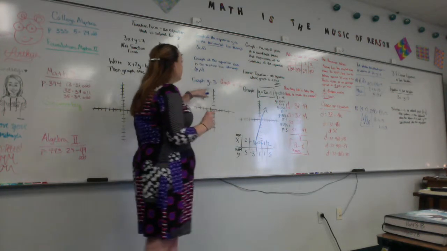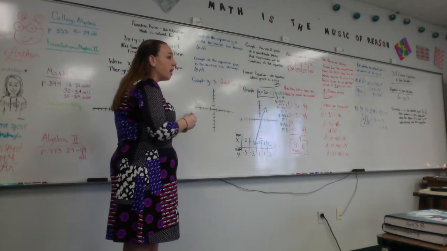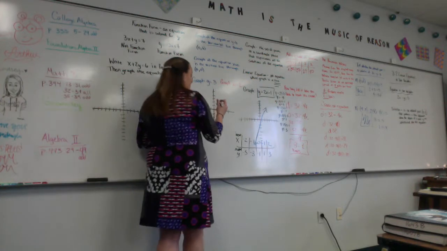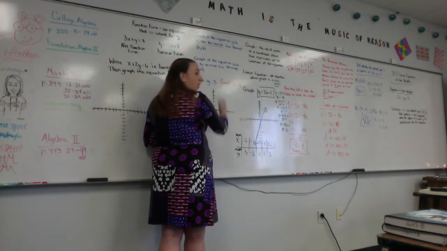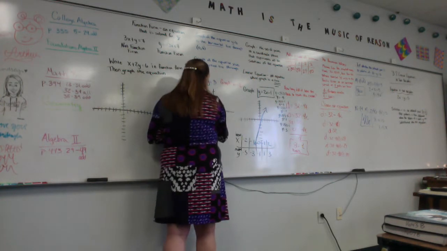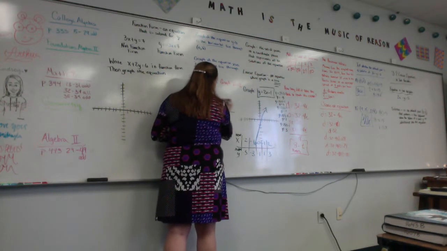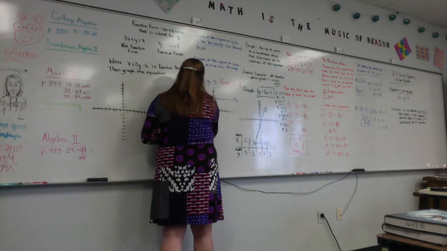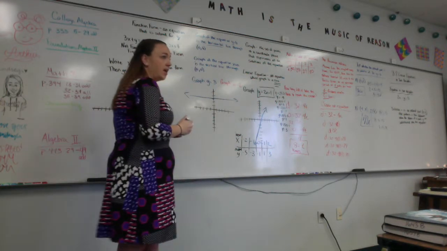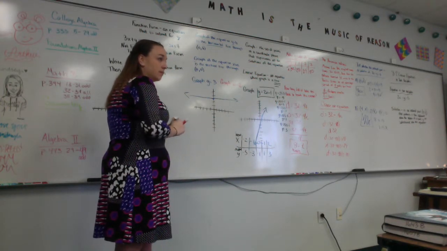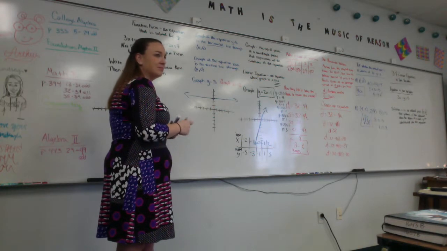So how do you graph y equals 3? Where do I go on the y-axis? I go up 3. Now the line through this graphs this way. It literally just graphs a straight line like that. So we don't have to make a table for that? You don't have to make a table for that one.